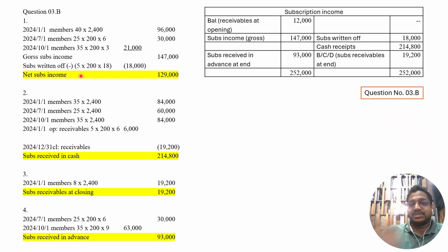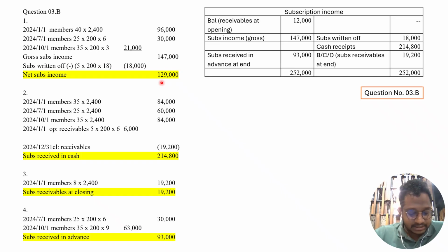So which means the last 6 months of last year plus this year's subscription. So altogether there are 18 months, right? So after the write off in that subscription, your net subs income that you should identify is 129,000.